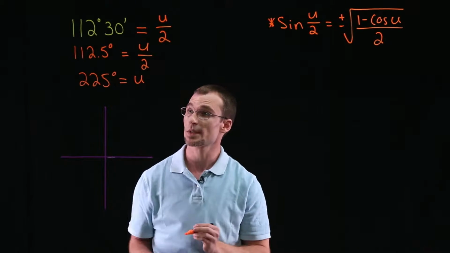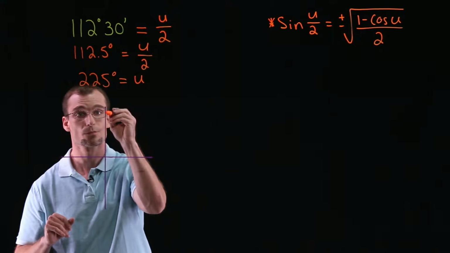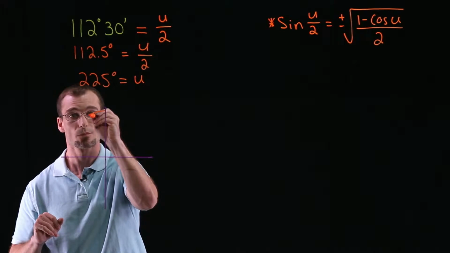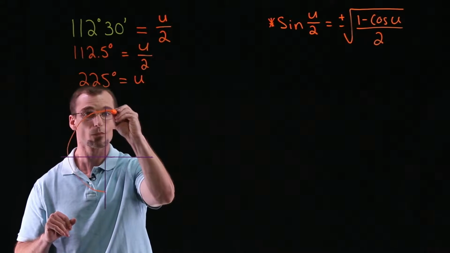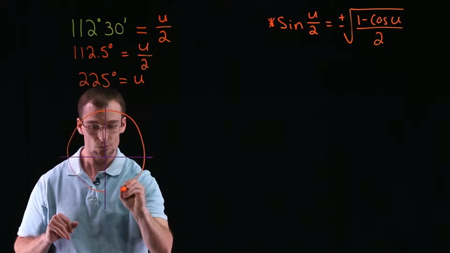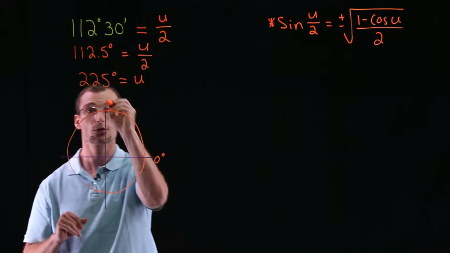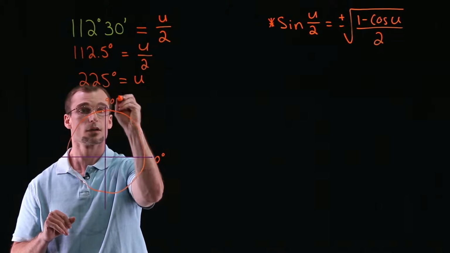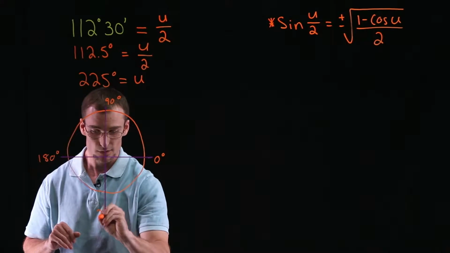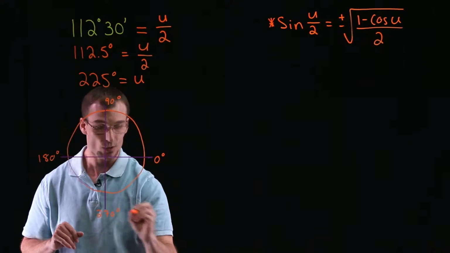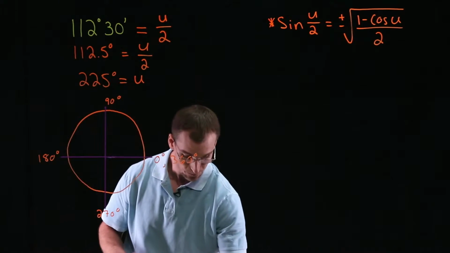Okay? So what can we do with this? Well, let's take a look at our unit circle. Thinking of this in terms of degrees, where you have 0 degrees, 90 degrees, 180 degrees, 270 degrees, and back around to 360 degrees.